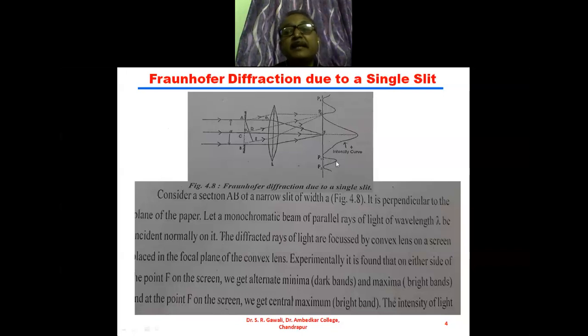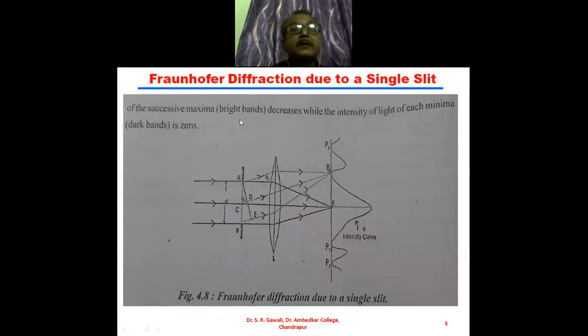Again we get the maximum intensity, then minimum intensity, and so on, on both sides of the F. Both sides of the F we get secondary maxima and secondary minima with the central maximum at the point F. The width of the successive maxima decreases while the intensity of light of each minima is 0.